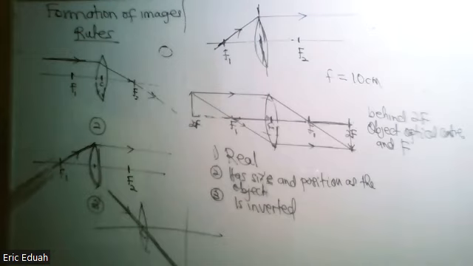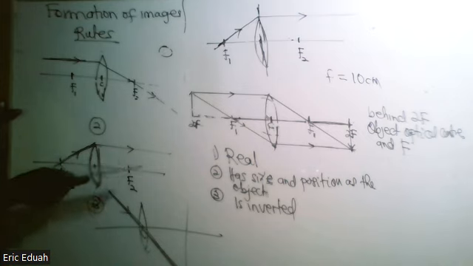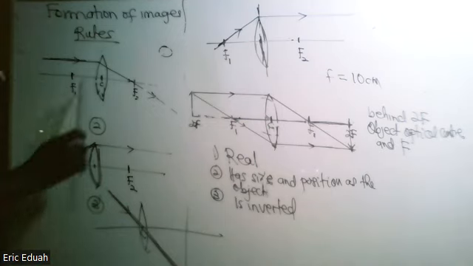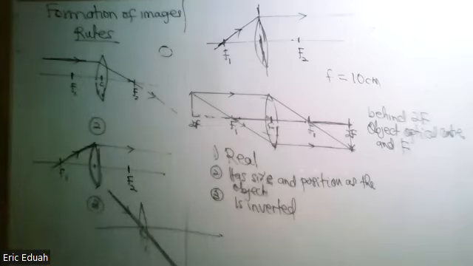The second one is that a ray from or through the first principal focus, after refraction, would have to be parallel to the principal axis. And then the third one is that a ray of light hitting the optical center goes undeviated. So these are the three rules. Okay, but the one up there is just the same as the second. Yes, it's just the same as the second.